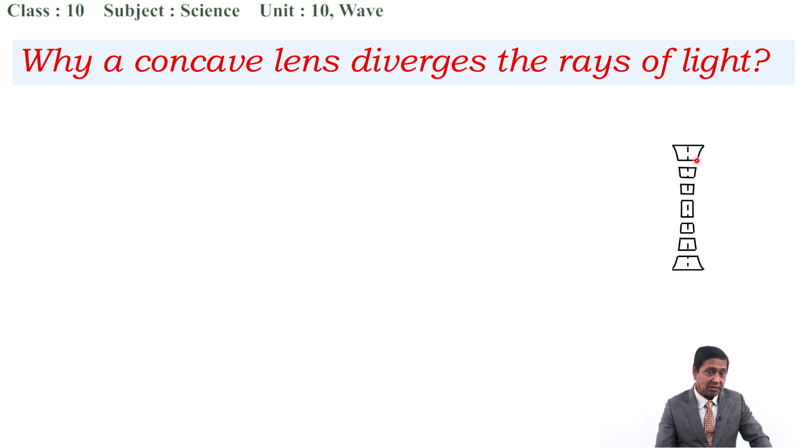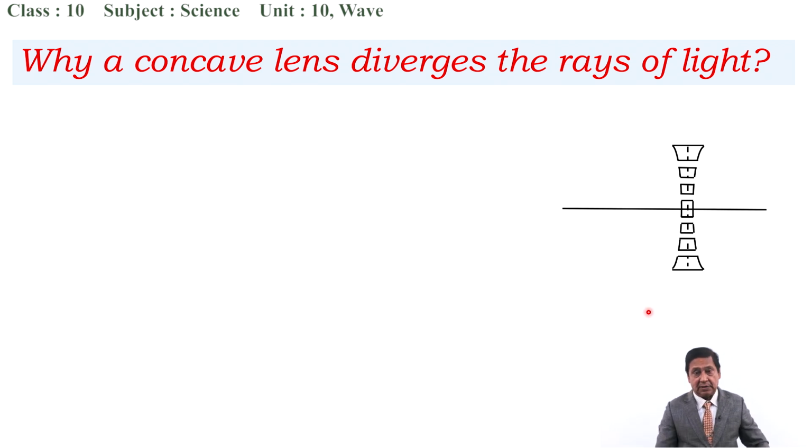But how these prisms are arranged here is different. In this case the base is turned upward, but in the middle we can consider the middle part as a glass slab. And in these three cases, the base is turned downward.